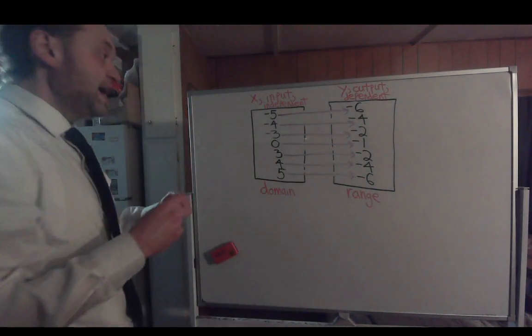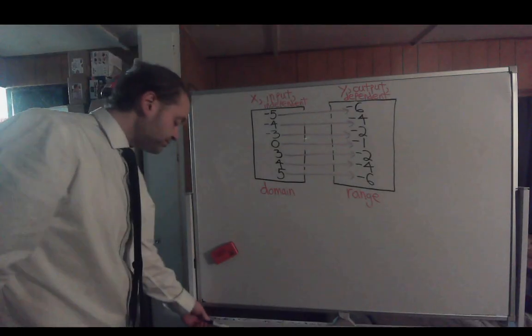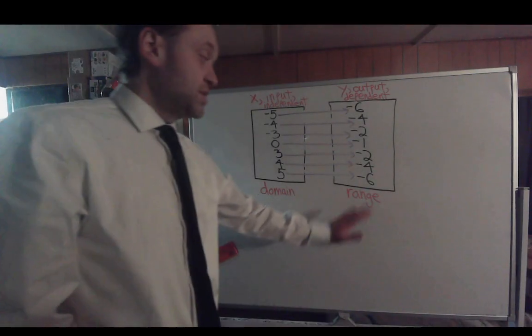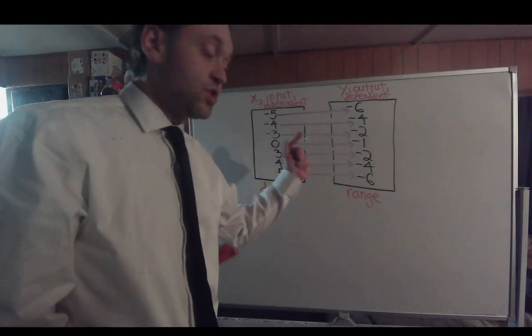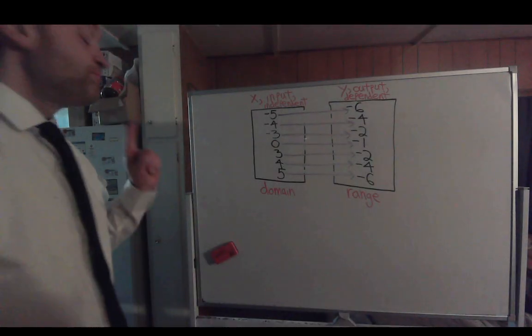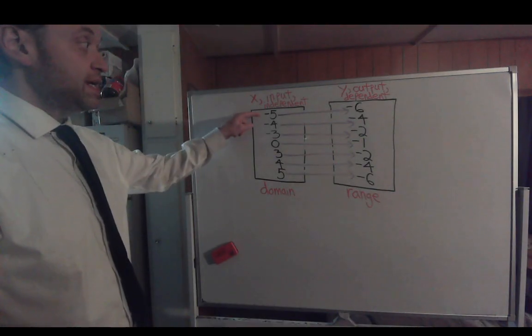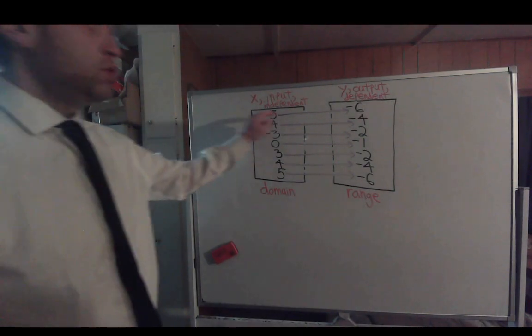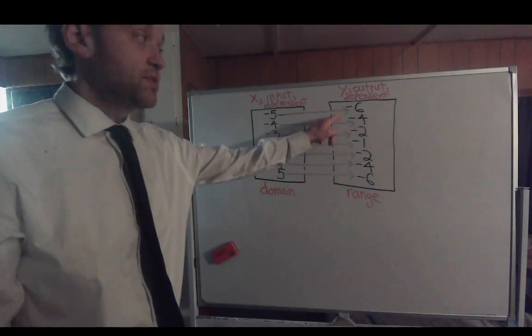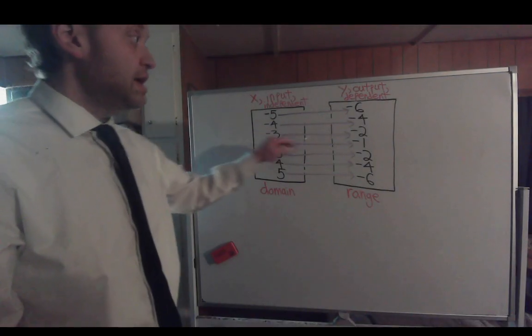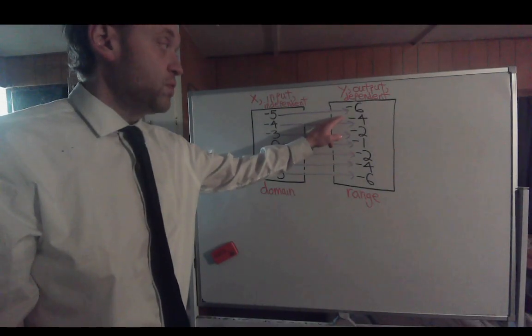Alright, so we have a relation here where certain members of the domain correspond to certain members of the range. Is this relation a function? Well, if we look at the input -5, it only corresponds to -6 in the range. If we look at -4 in the domain, it only corresponds to -4 in the range.